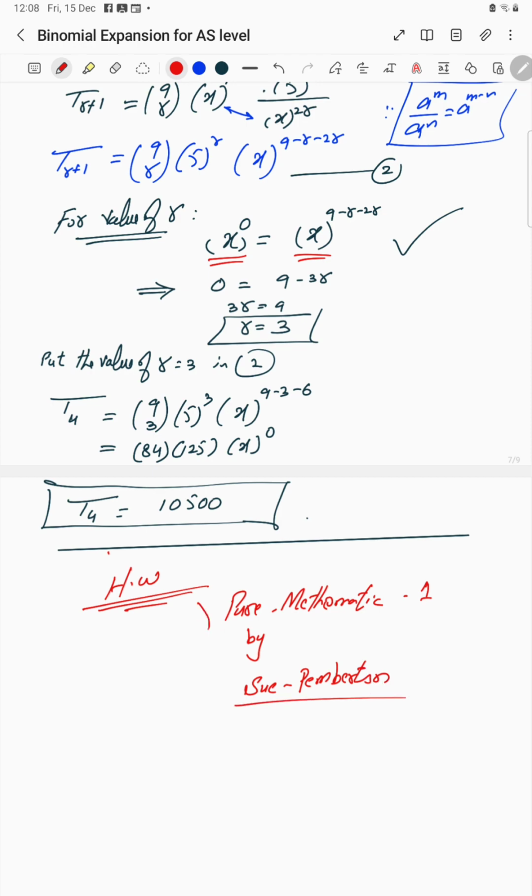This is the book title. And exercise number 6A and 6B. You are eligible to solve these two exercises based on binomial expansion. Okay, good luck, goodbye.